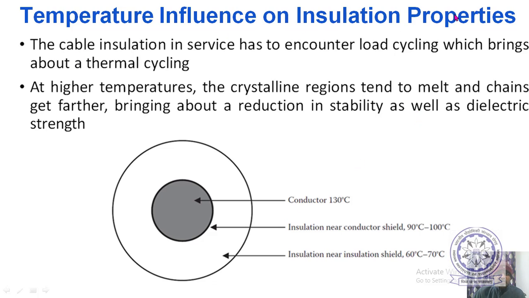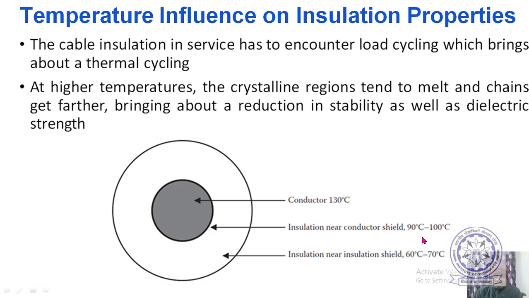Now, temperature influence on insulation properties. The cable insulation in service has to encounter load cycling, which brings about thermal cycling. At higher temperatures, the crystalline regions tend to melt and chains get farther apart, bringing about a reduction in stability as well as dielectric strength. So here the cable conductor temperature may go up to 130 degrees centigrade maximum, and insulation near the conductor shield is expected to be around 90 to 100 degrees centigrade.